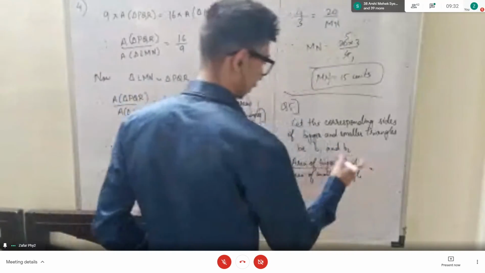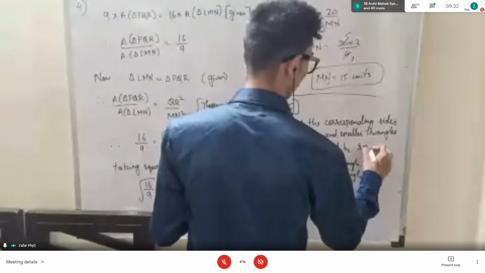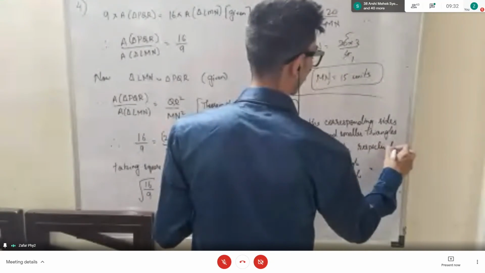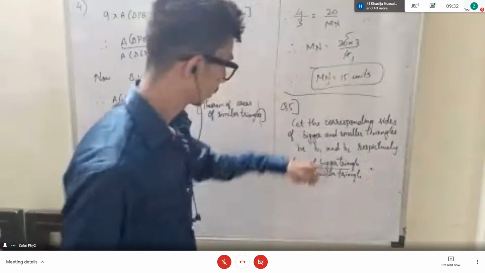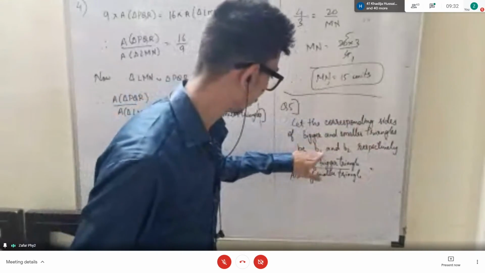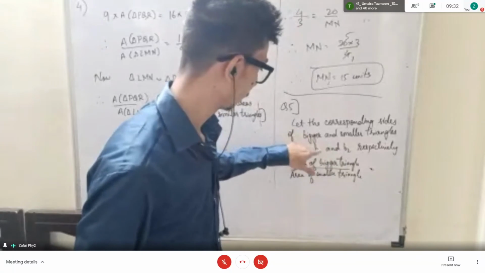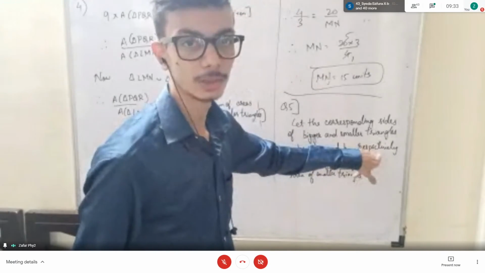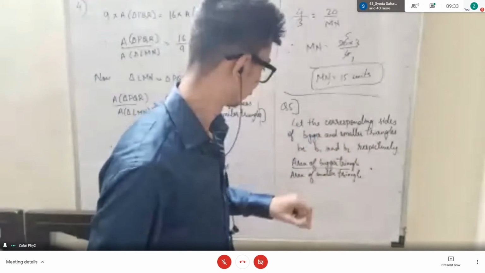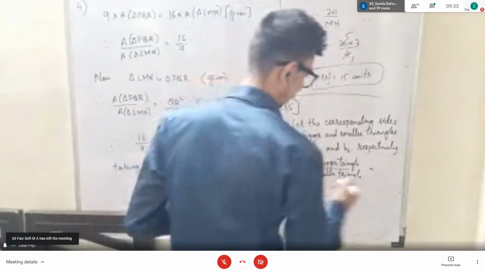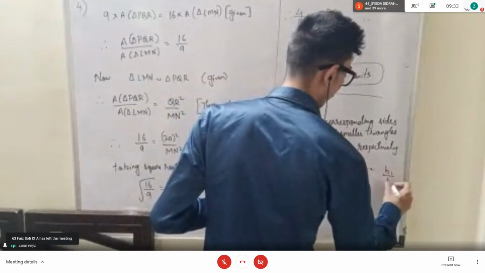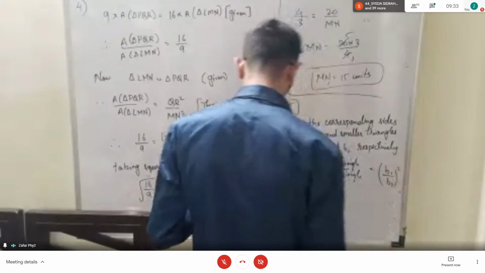See here, B1 and B2 respectively लिखो. हाँ, respectively important है. So bigger I am taking b1, smaller I am taking b2. ठीक है, bigger लिखा पहले, so bigger ऊपर आएगा, so b1 by b2 square.